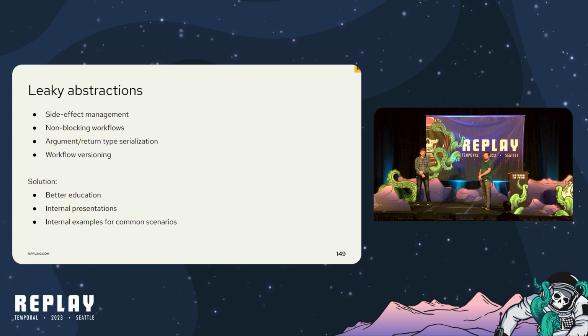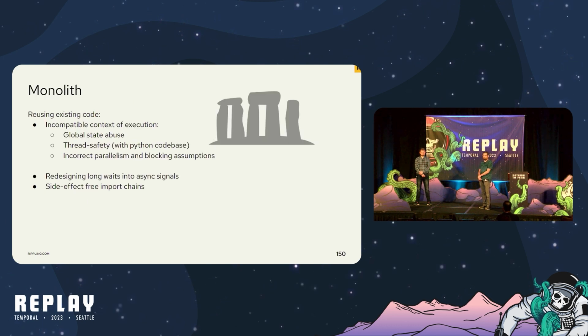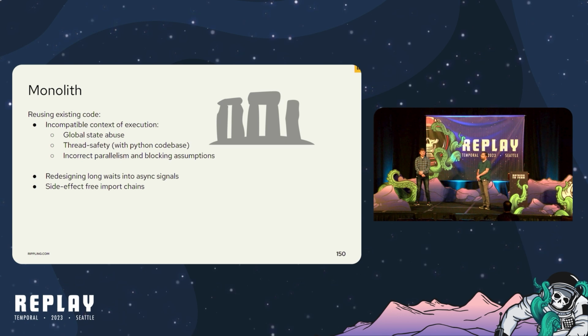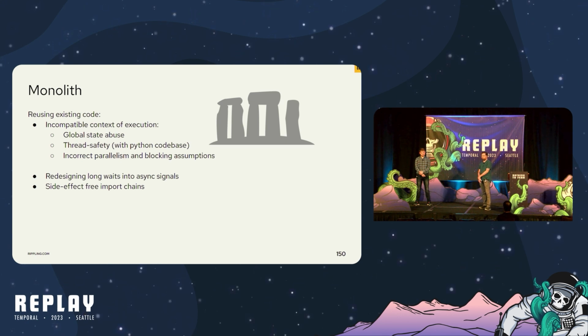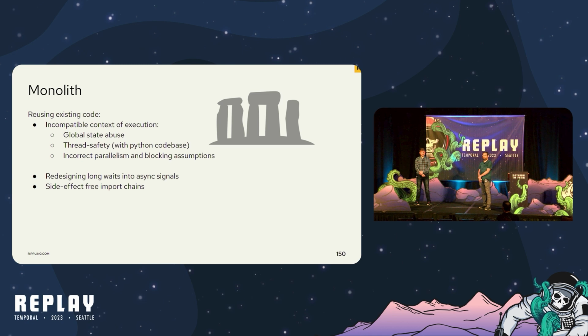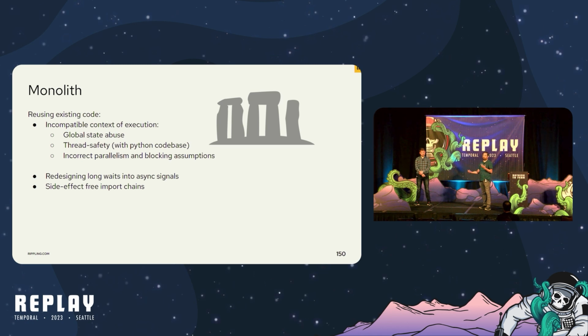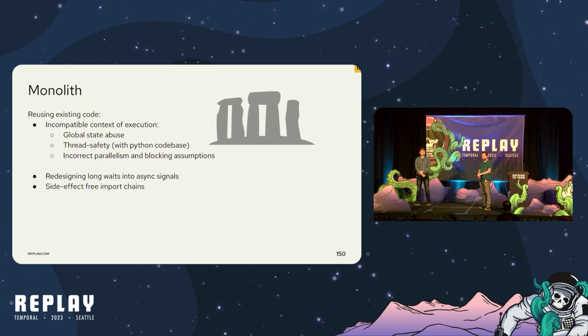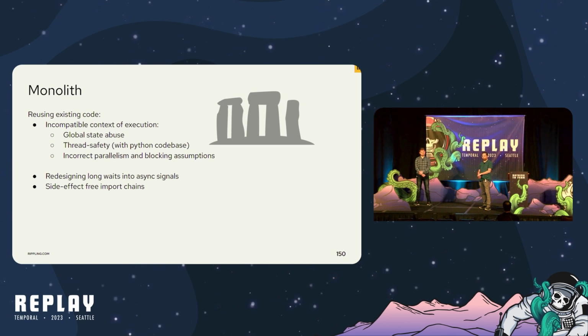Another situation we are talking about is the monolith. As I was saying in my previous slide, when you are in a monolith, it's a very good situation for you to reuse code.